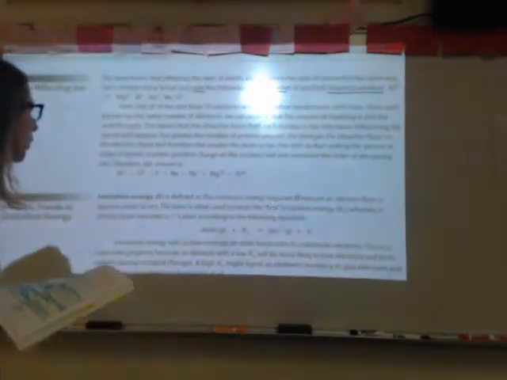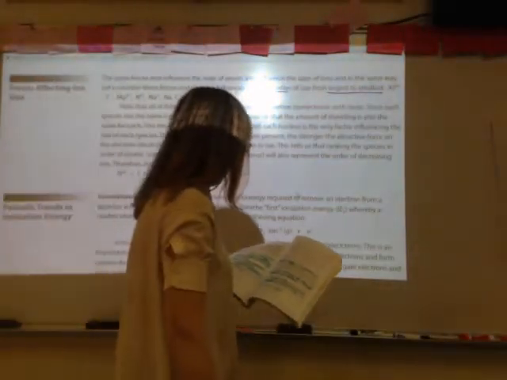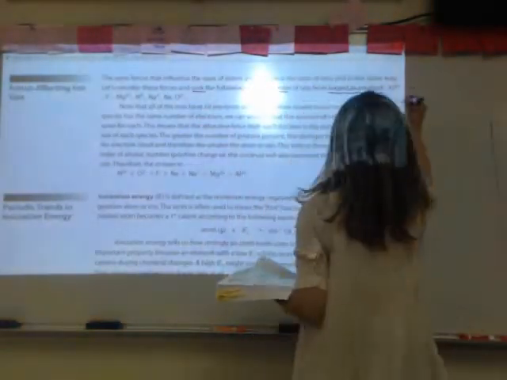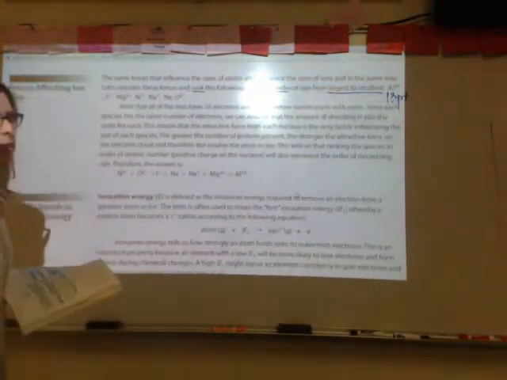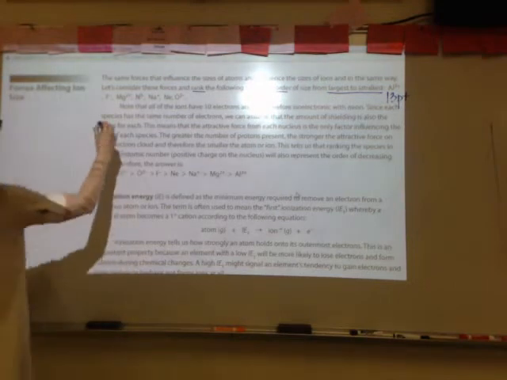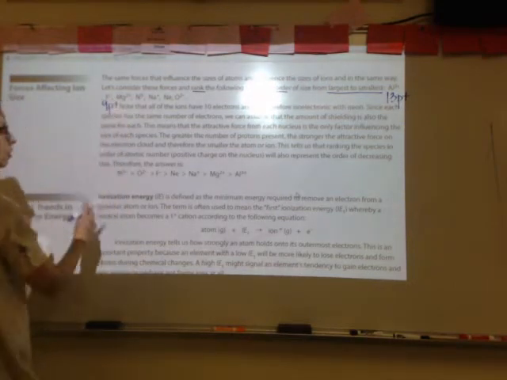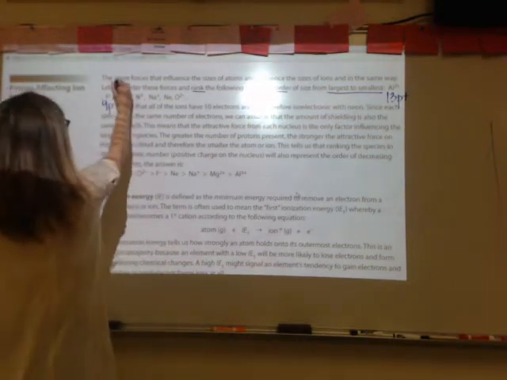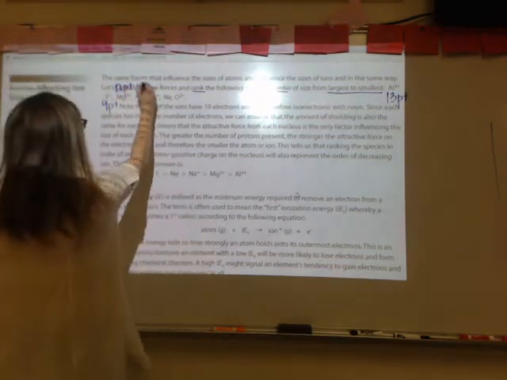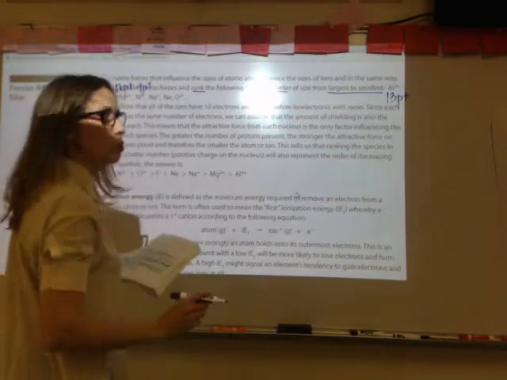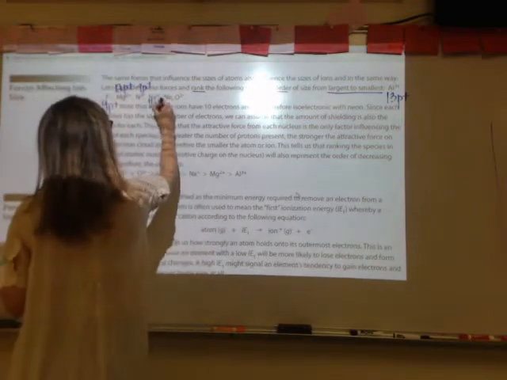And if you take a look at the periodic table, you'll notice that aluminum has 13 protons, okay? Fluorine has 9 protons. Magnesium has 12. Nitrogen has 7. Sodium has 11.